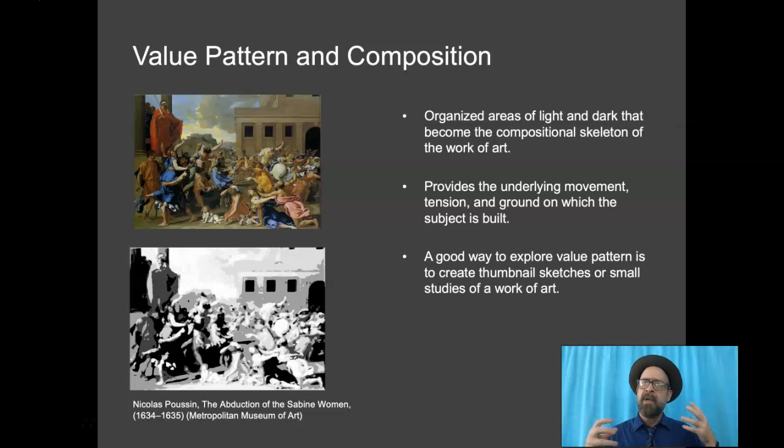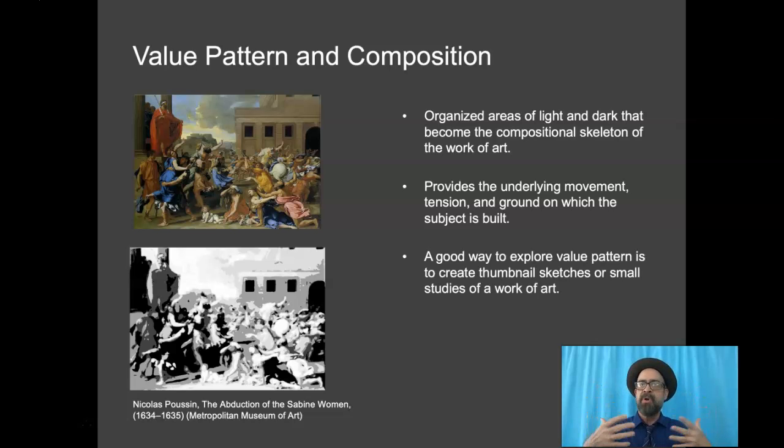So again, value has a hand in all of the other elements of art. Organized areas of light and dark are essentially the compositional skeleton of the work. The value pattern is that underlying structure to the composition.